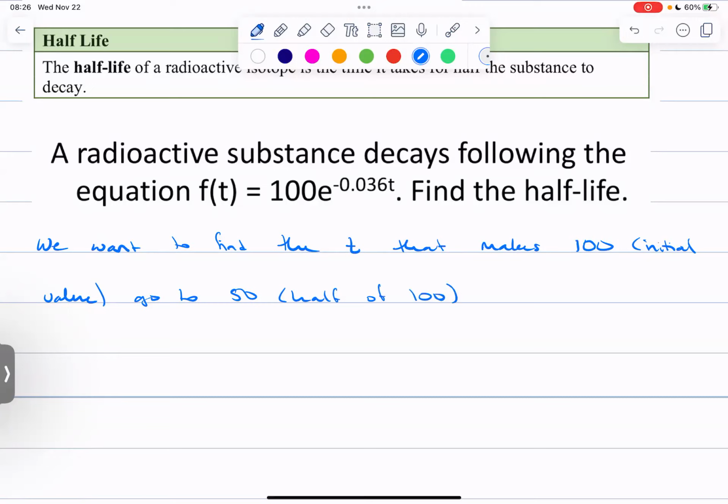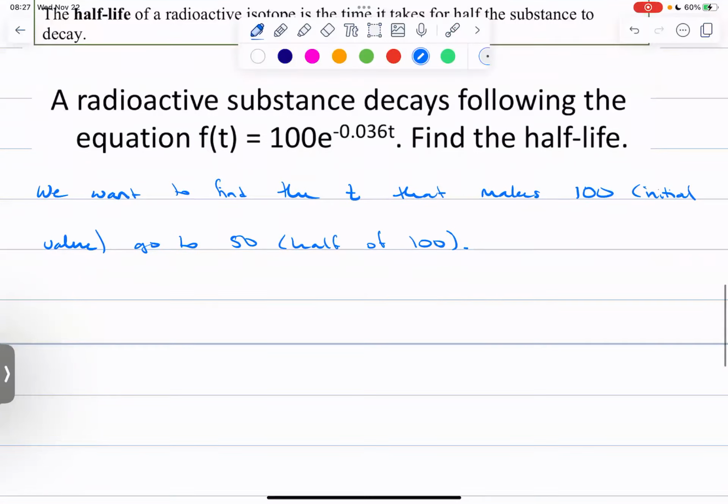I say that because the math isn't always that breezy, right? So then you would do 100 divided by 2 and figure out what it is. So what we want to solve is 50, right? The amount left has to be 50. So I'm going to force that to be 50. And then I have 100 times e to the negative 0.036 times t.